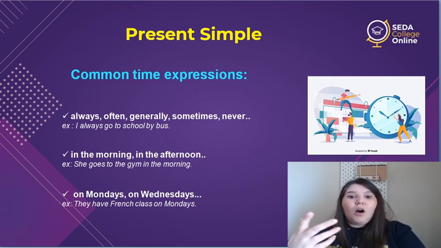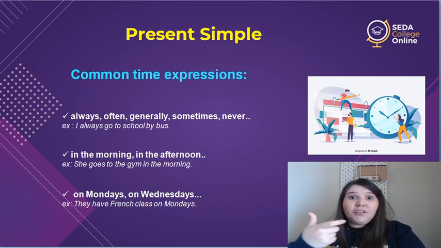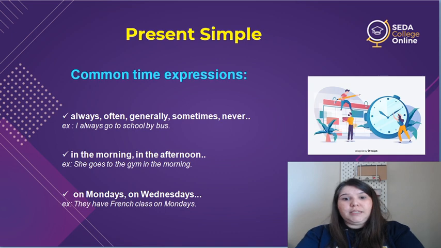So when I say always, often, generally, sometimes, it means the frequency that I do that action. So an example there, I always go to school by bus. So if I use always, I use present simple.